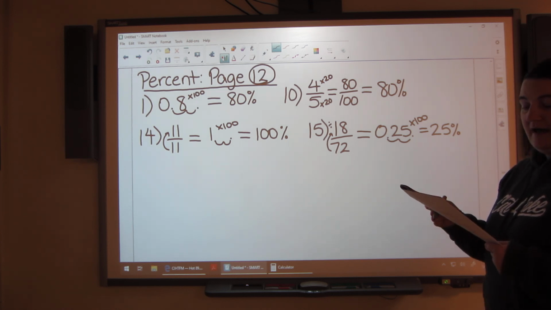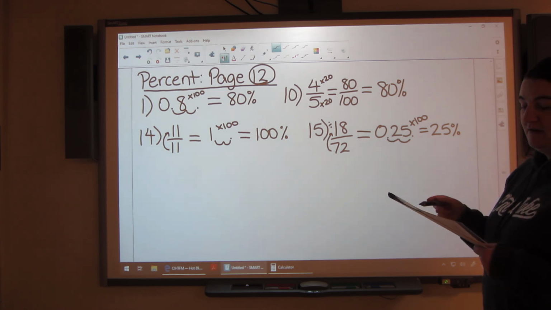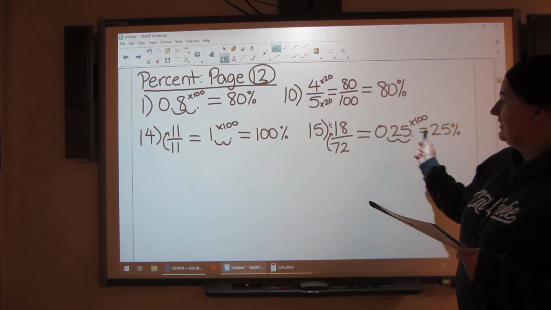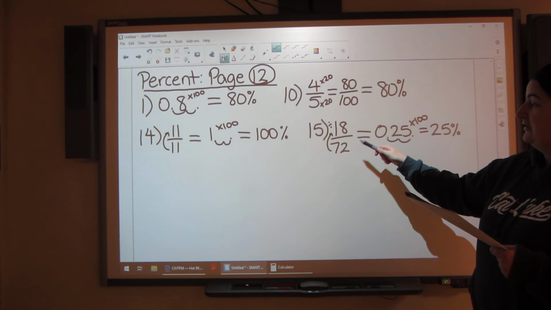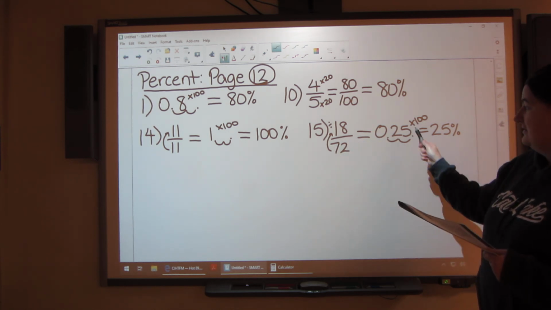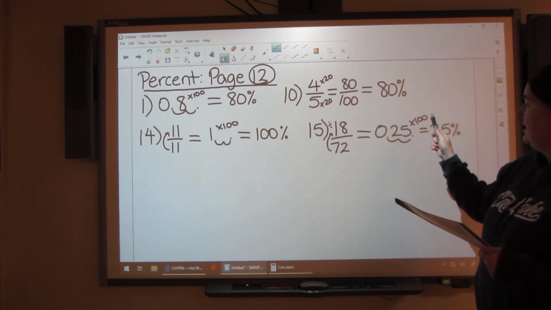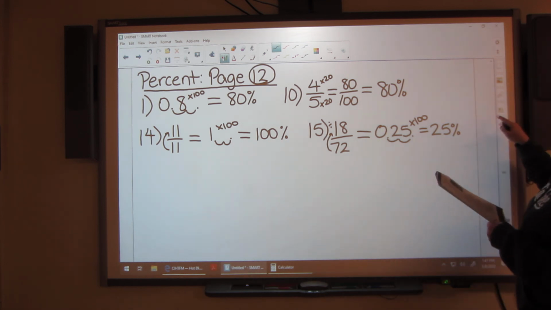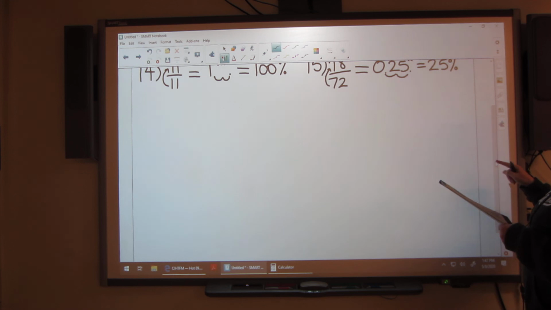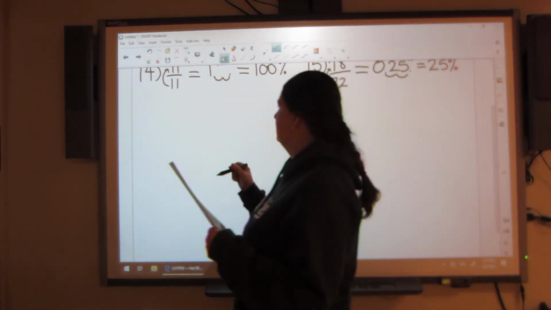And so if you take a look at number 19 all the way to 24, you're going to do the same thing. You're going to use division, you're going to get a decimal, and you're going to times by 100 to get your percent. So take a look at number 19.